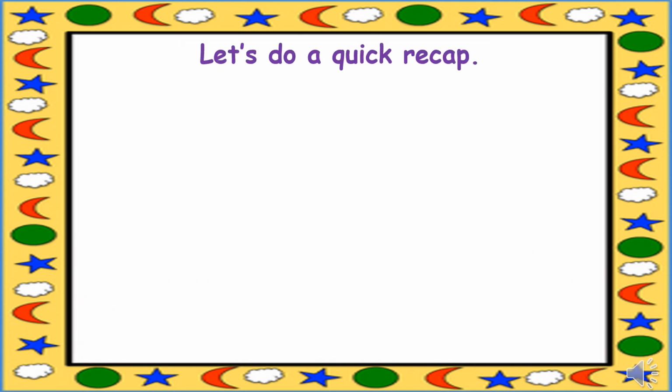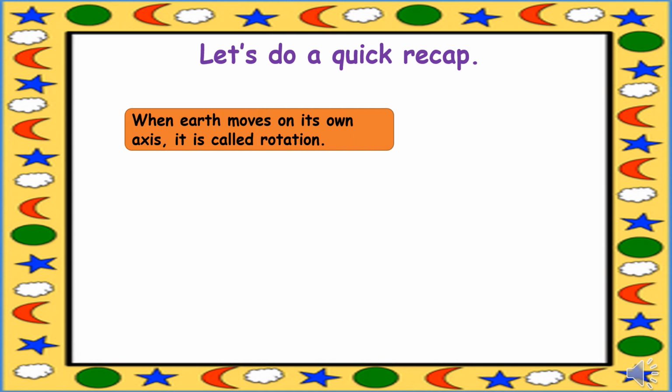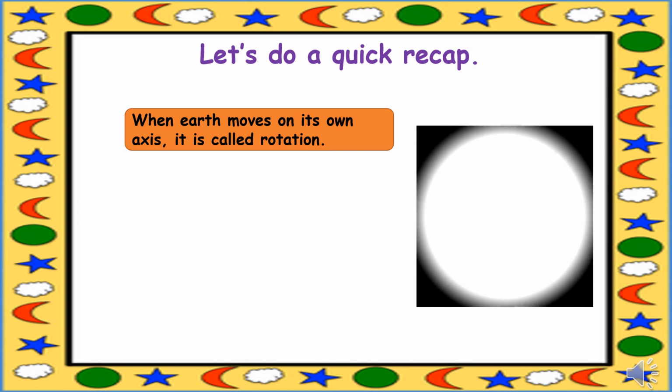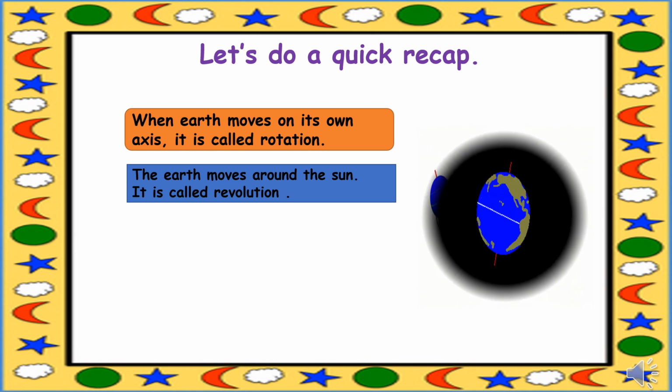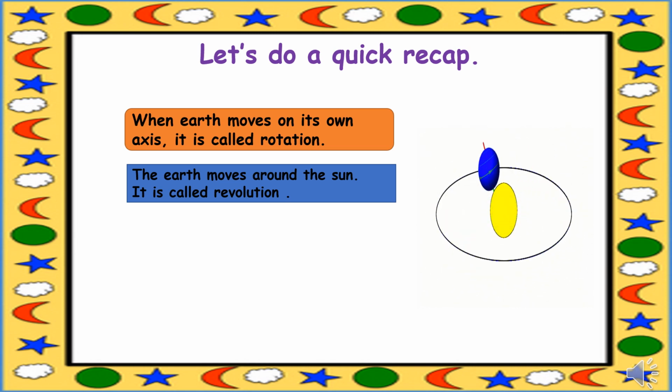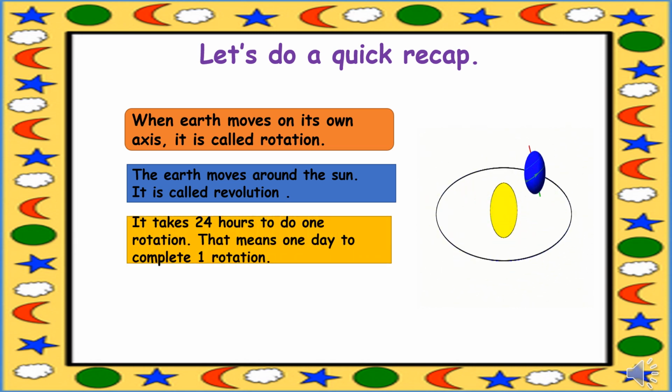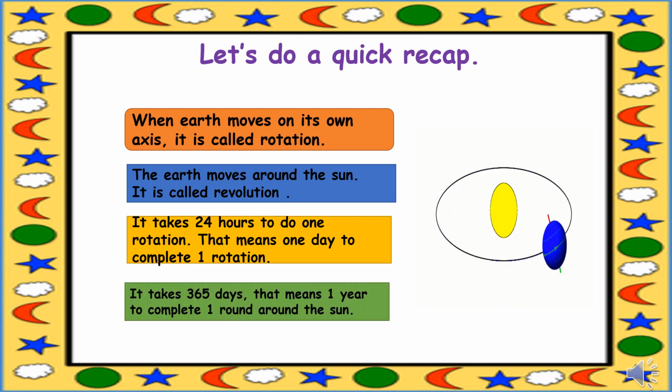Let's do a quick recap. When earth moves on its own axis, it is called rotation. The earth moves around the sun. It is called revolution. It takes 24 hours to do one rotation. That means 1 day to complete one rotation.